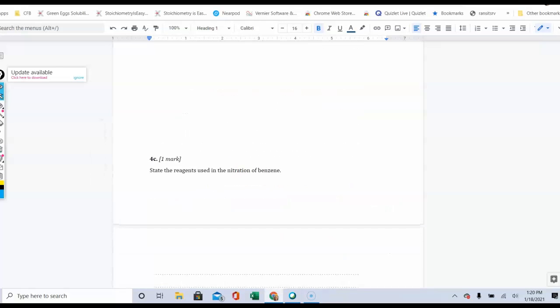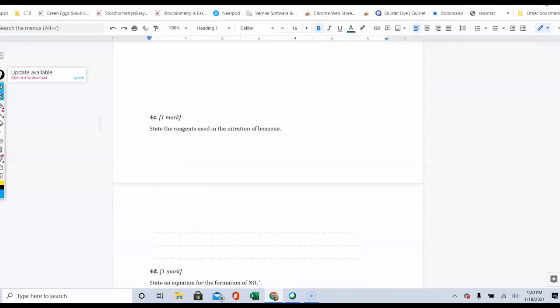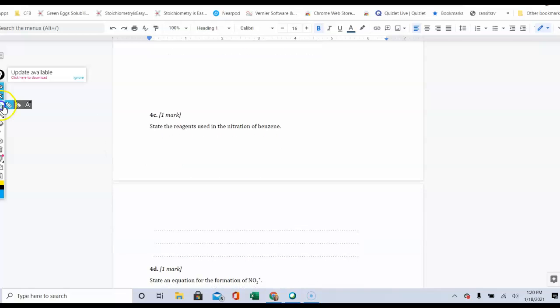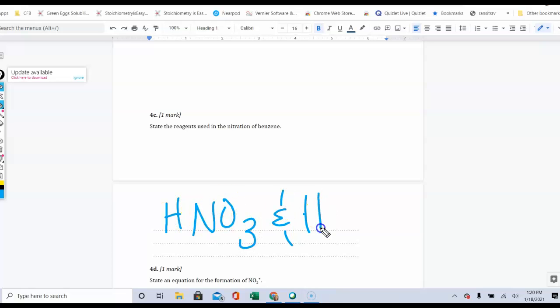And then state the reagents used in the nitration of benzene. Look, they repeat themselves. We learned already that those two reagents are nitric and sulfuric acid. You can also write them out as their formulas. So stating the reagents is all that it is asking you to do.